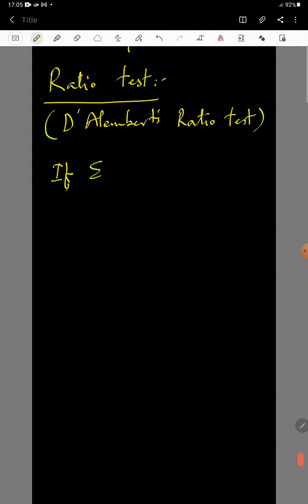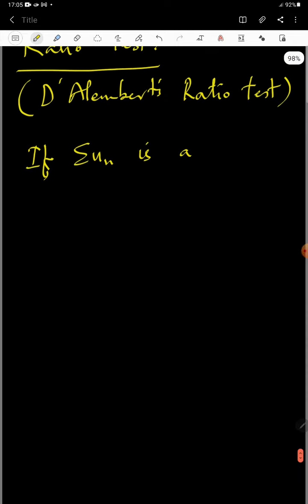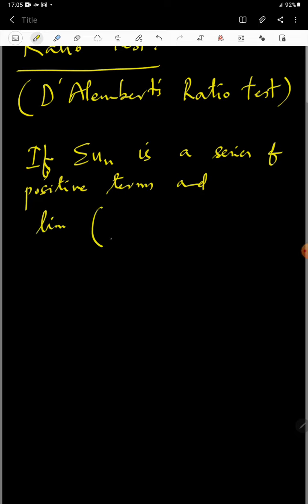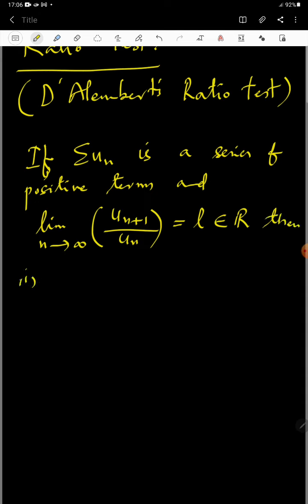If sigma un is a series of positive terms, and the limit of un plus 1 by un, that is the n plus 1th term and the nth term ratio, if the limit is equal to some L, a real number, then there are three situations.